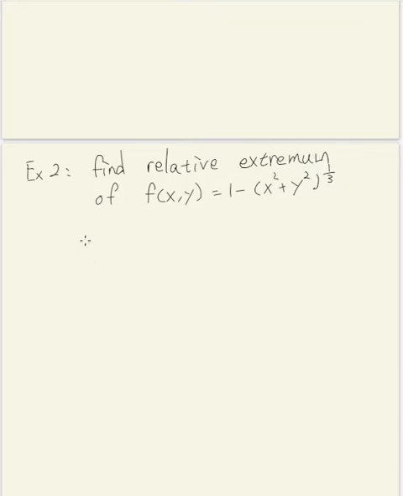Alright, the first step is, again, compute the partial derivatives. f partial x equals minus 1/3 times (x squared plus y squared) to the minus 2/3 times 2x.